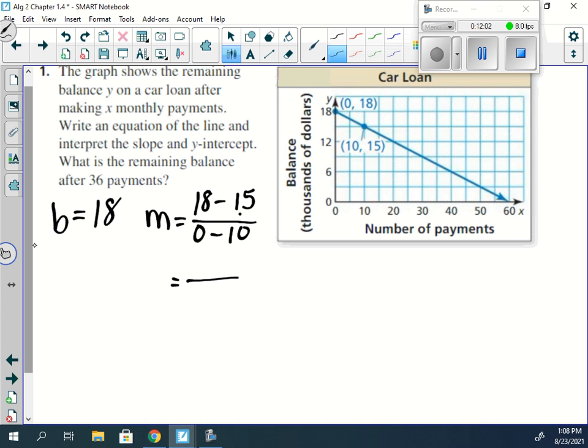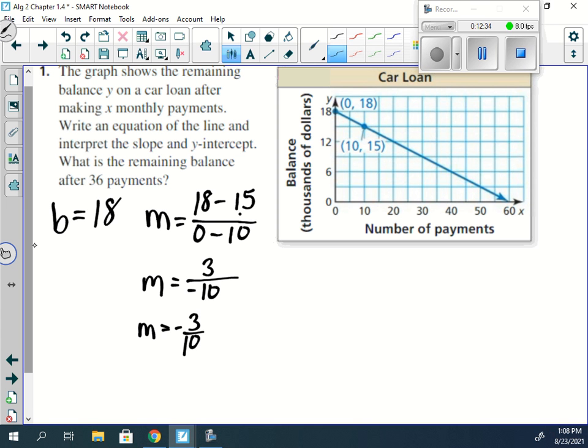Well, 18 minus 15 is? 0 minus 10 is? So the slope for this here is negative 3/10. Does it come as a surprise that the slope is negative? Should it go down? Yes.